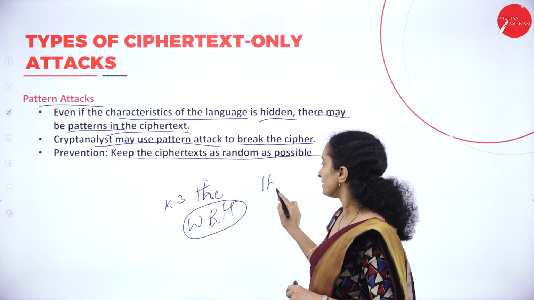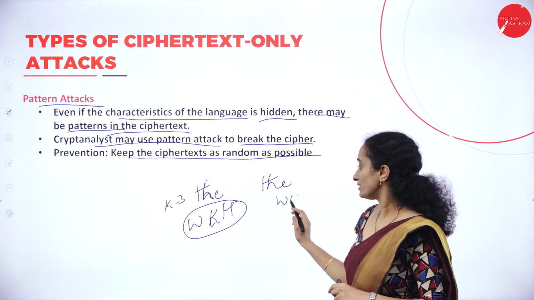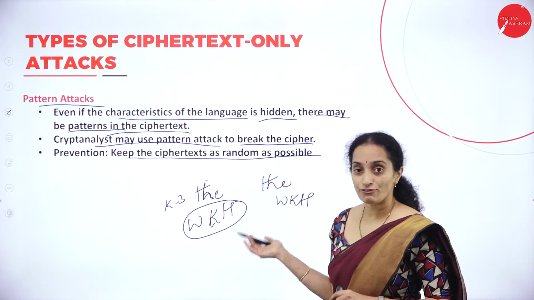If you have repeated THE 5 times in the message, in the encrypted message you will get WKH 5 times.